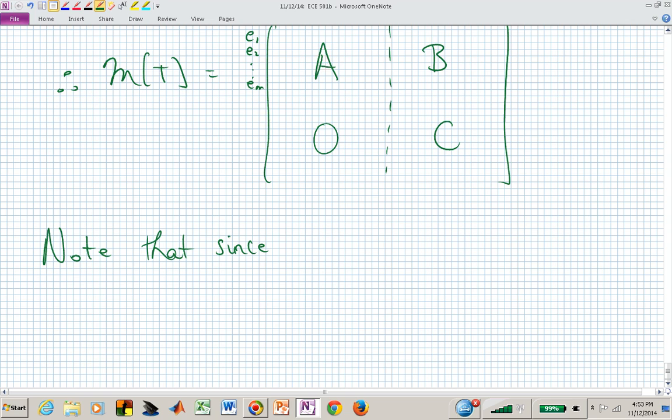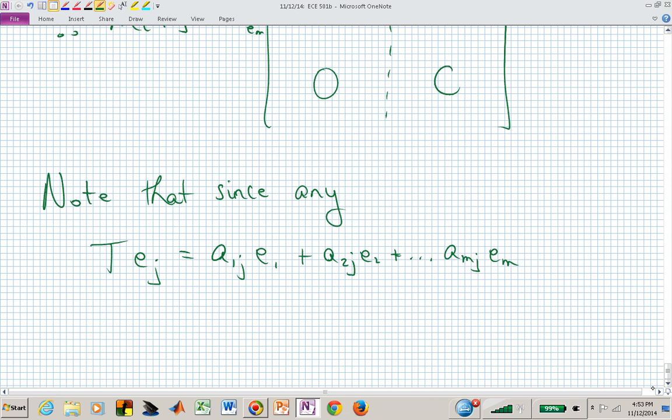Note that any T E sub j we can write as A1j E1 plus A2j E2 plus A sub mj E sub m. We know that's true. So now we have this T E sub j as some linear combination of E1 through Em.